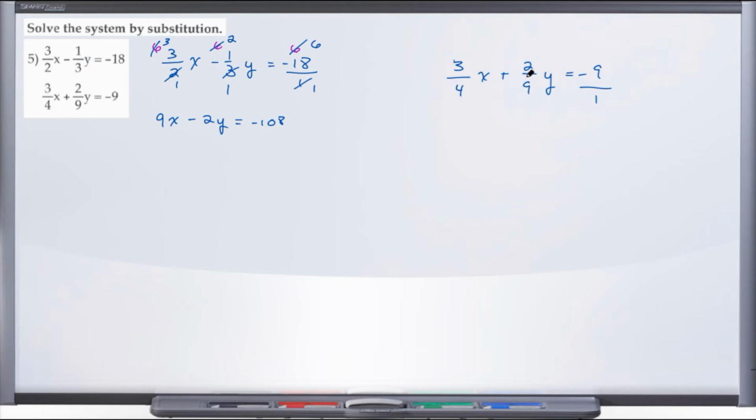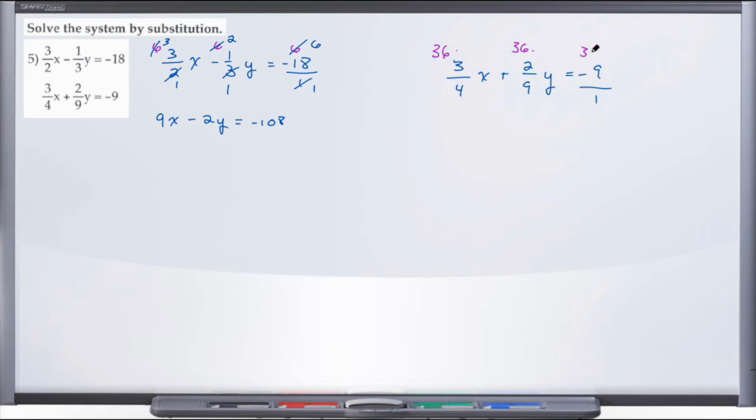If you take 4 and multiply it by 9, you get 36, and in a lot of cases, that will end up being your common denominator. Just like with equation number 1, 2 times 3 gave us our 6, which ended up being the common denominator. Same thing here. 4 times 9 gives us 36, and that ends up being our common denominator.